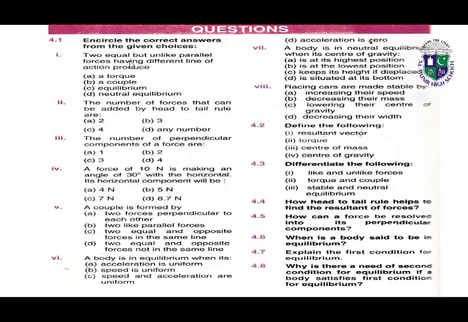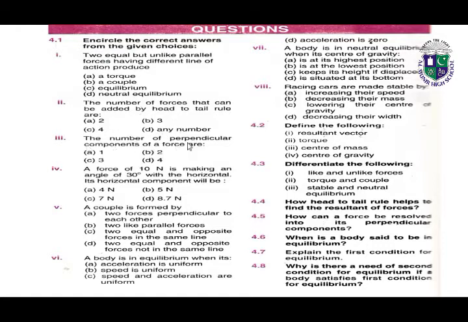First is two equal but unlike parallel forces having different line of action produce. Answer is a couple. 2. The number of forces that can be added by head to tail rule, answer is D, any number. Number 3.